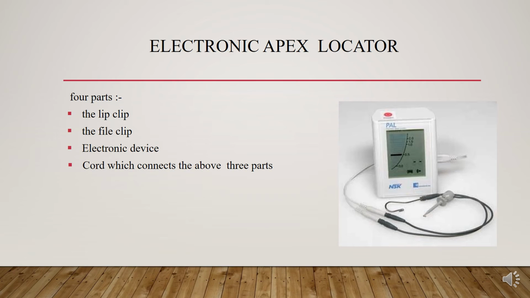So what are the various parts of an electronic apex locator? The electronic apex locator has an electrical device, which is usually battery operated. When you switch on the device, there's a monitor on which you can see some markings. These markings show you the apical anatomy, with markings 0, 0.5, 1, 1.5, 2 millimeters.